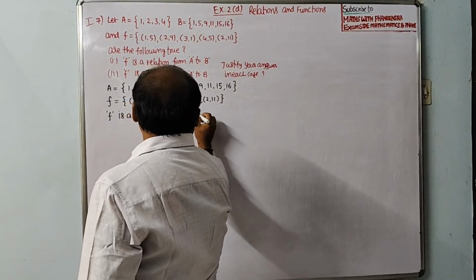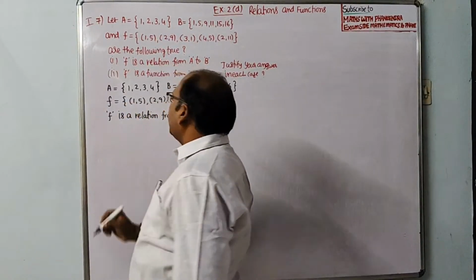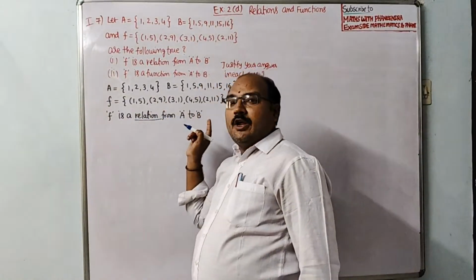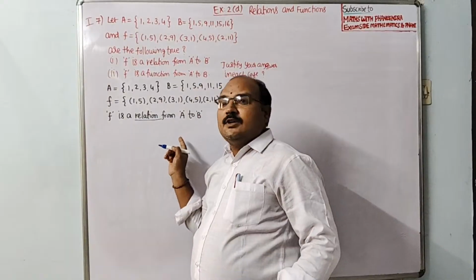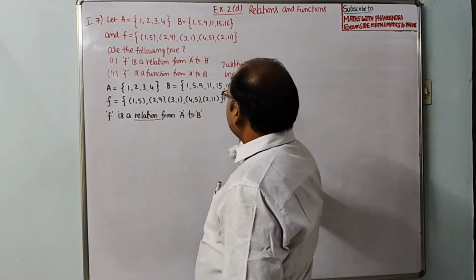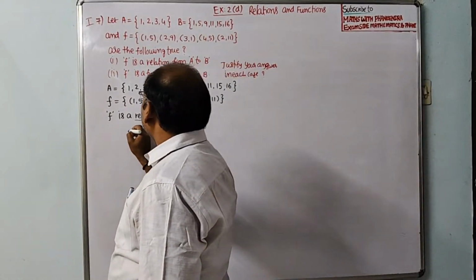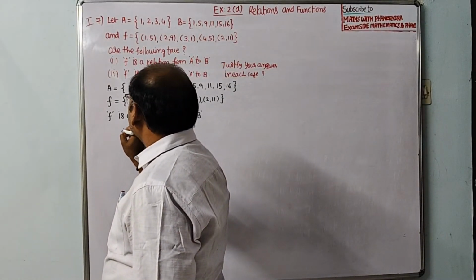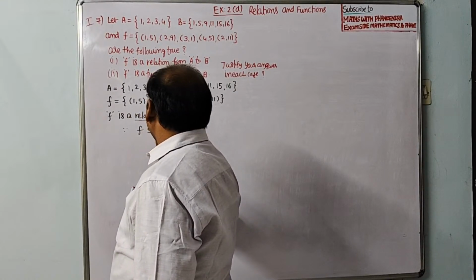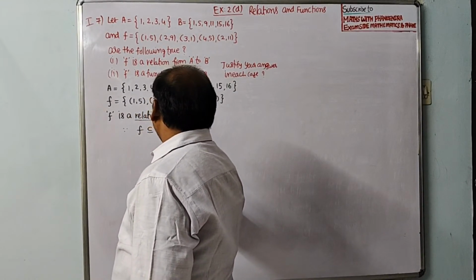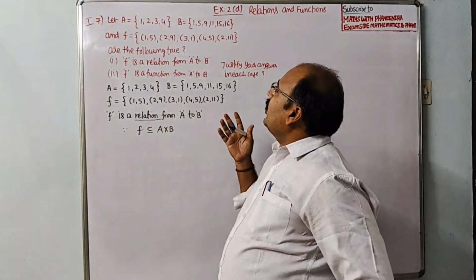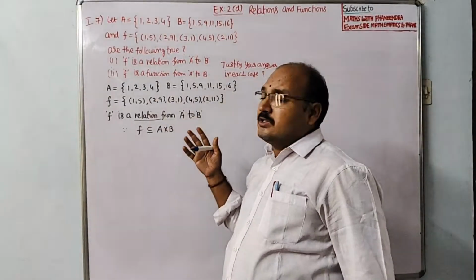Sir, in what way are you saying that F is a relation from A to B? That is the justification. Since F is a subset of A cross B. If you write A cross B, you are going to get 24 ordered pairs.